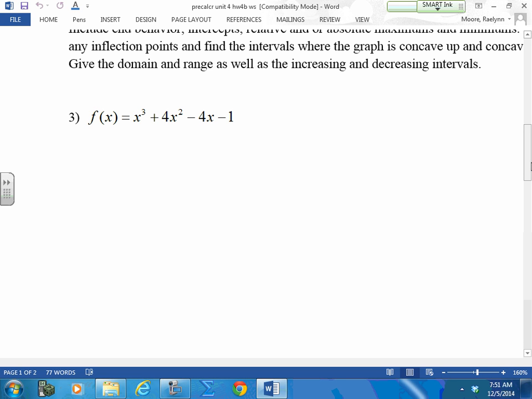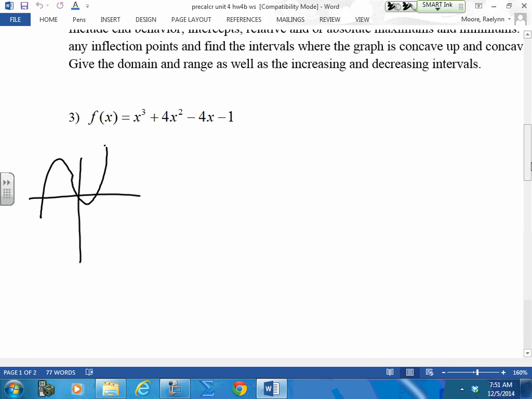So when you graph this, you find the sketch, and it looks like this. Something like this. Right? Well, actually, one sec. I know it dips down here.